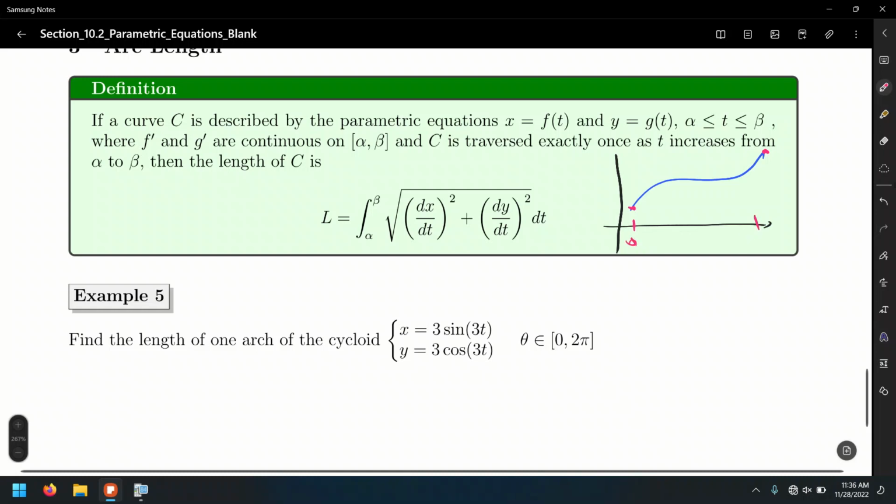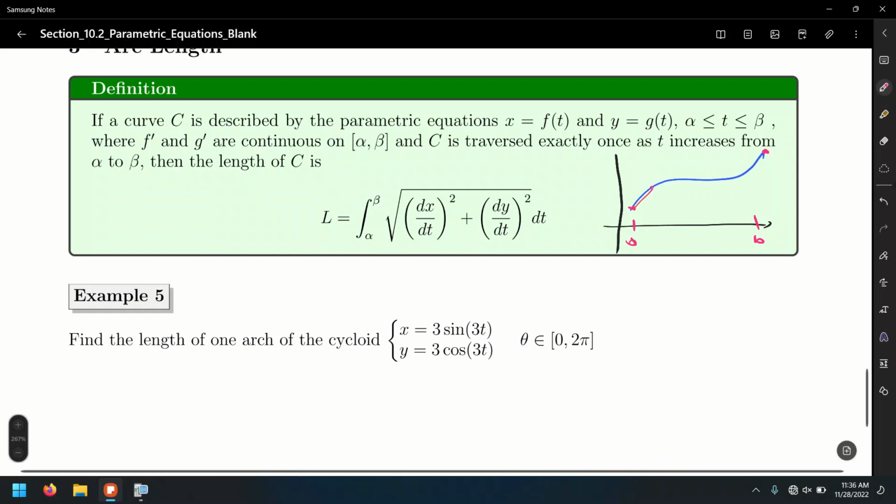All right? And in a very similar way to how we defined the area under the curve back in Calculus 1, by partitioning the region into rectangles and then refining that partition into pretty much infinitely many rectangles to get an accurate result, we do the same thing with an arc length.